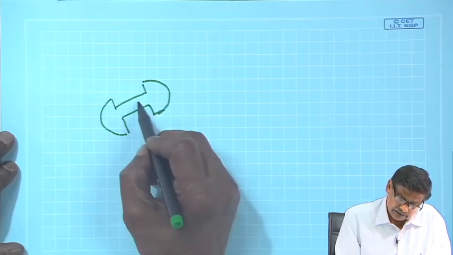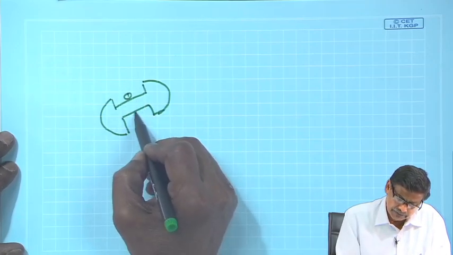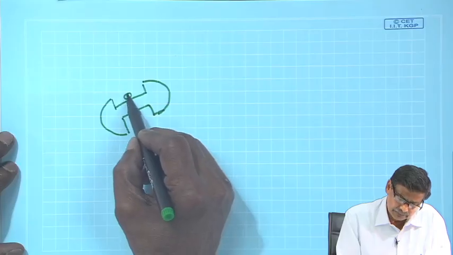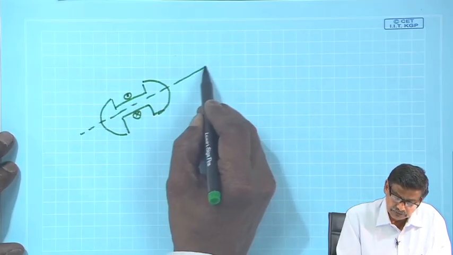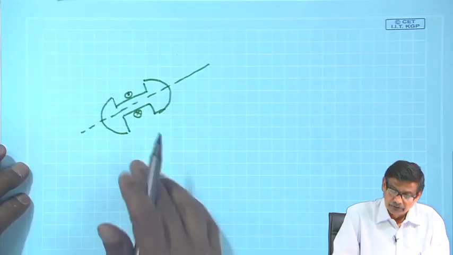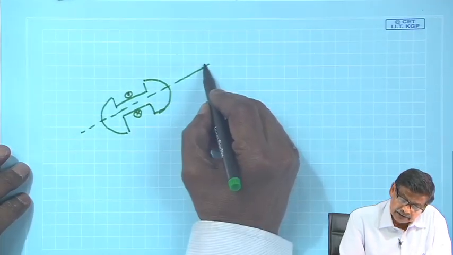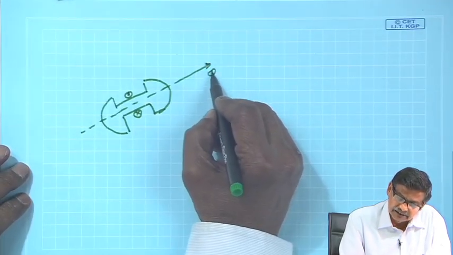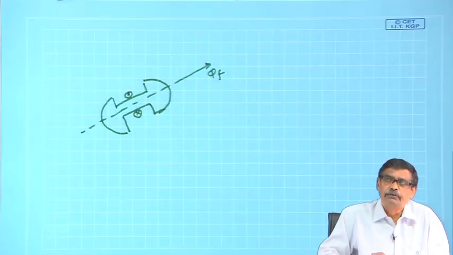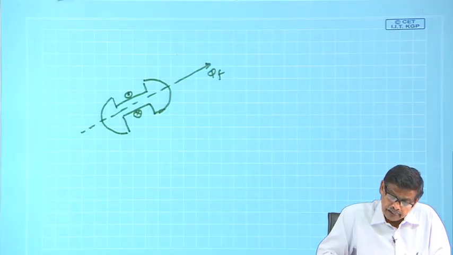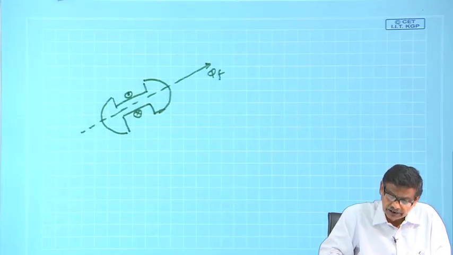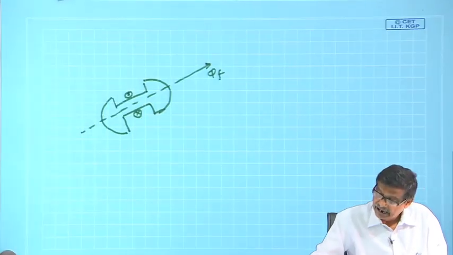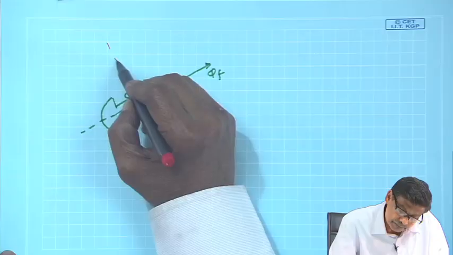The field winding will be here and it will have some cross and dot. So, the field axis will be this one, there is no doubt about it, and your phi f will be along this line. And not only that, if this is phi f, the no load induced voltage will be at right angles, that we have seen.